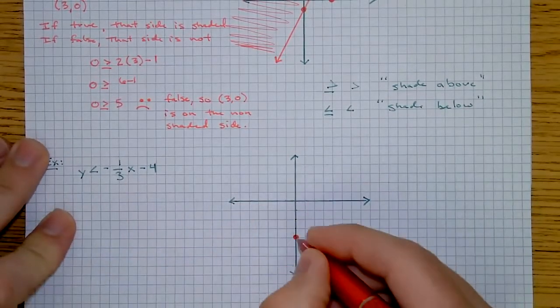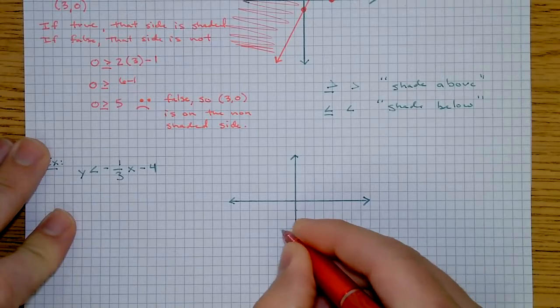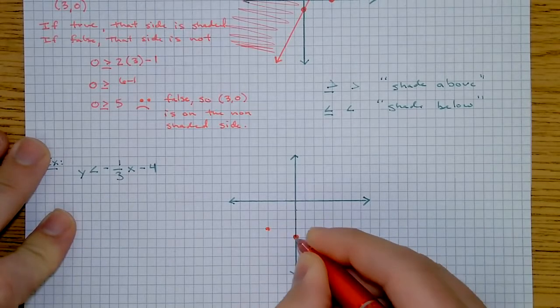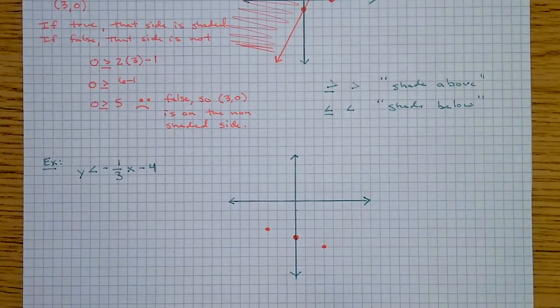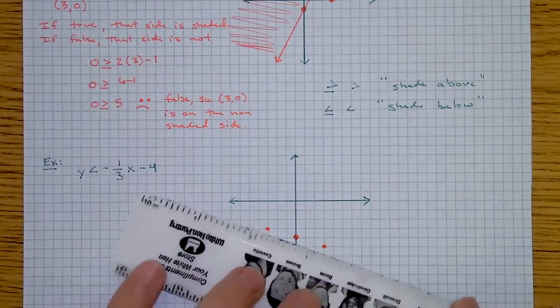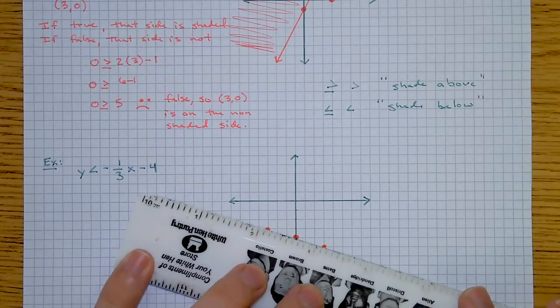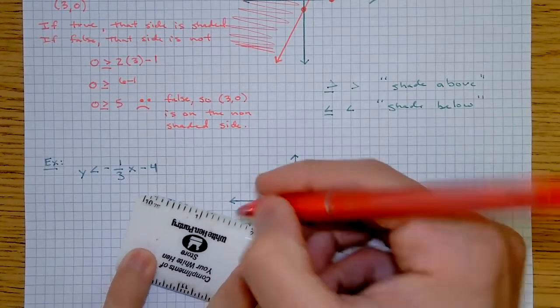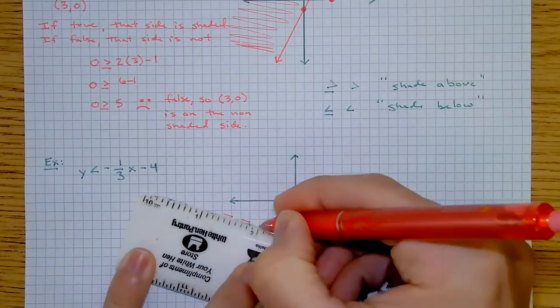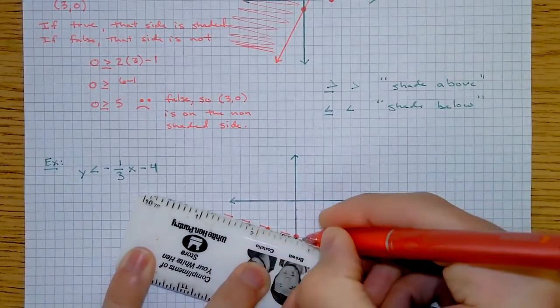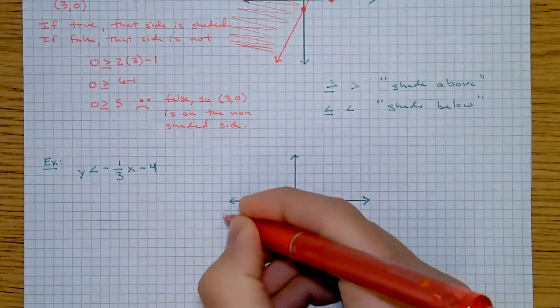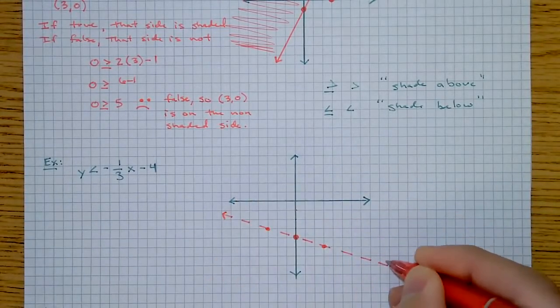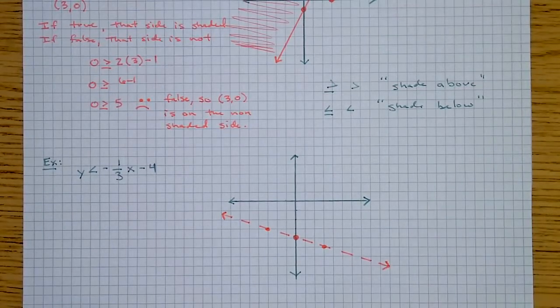I have a slope of negative 1/3, meaning we go up 1 to the left 3, down 1 to the right 3. Now, since it's y is less than and not less than or equal to, we have to make sure we're using a dashed line like so.